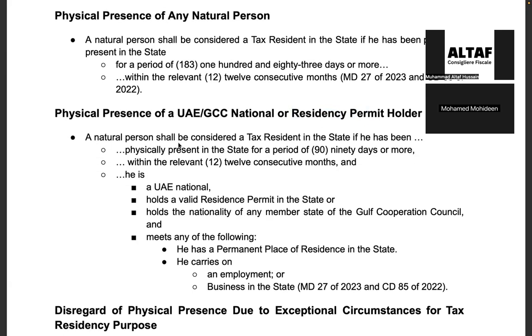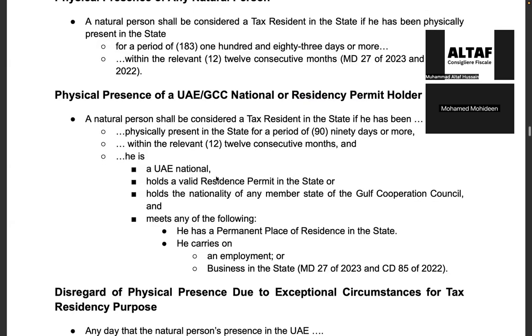A natural person shall be considered a tax resident in the state if he has been physically present in the state for a period of 90 days or more within the 12 consecutive months. So 90 days. If somebody holds an Emirates ID, the one criterion that would become applicable is 90 days stay in UAE. Clear?